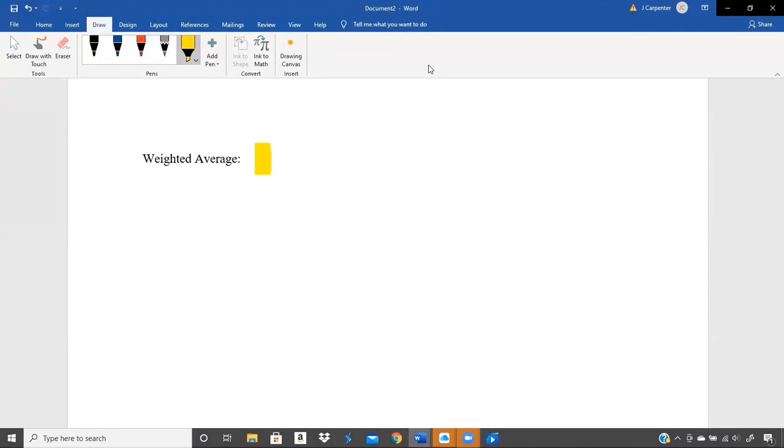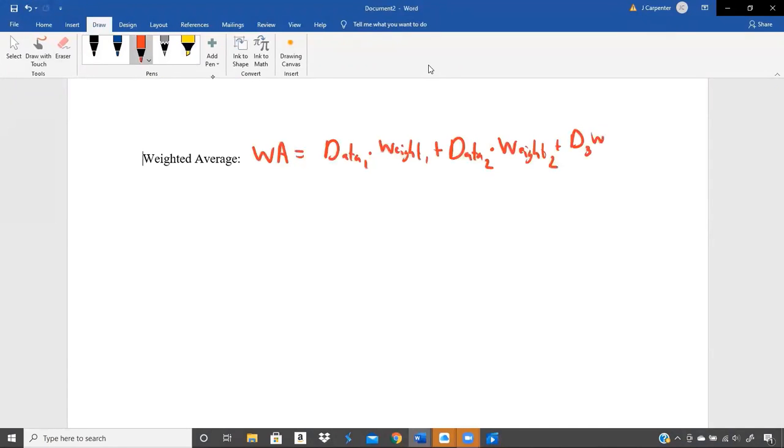So we said that the weighted average is equal to data 1 times weight 1, then plus data 2 times weight 2, and then plus, and I'm just going to abbreviate from here, data entry number 3 times weight number 3, plus data number 4 times weight number 4, and then plus, and you just keep going and going and going for however many datas and weights you have.